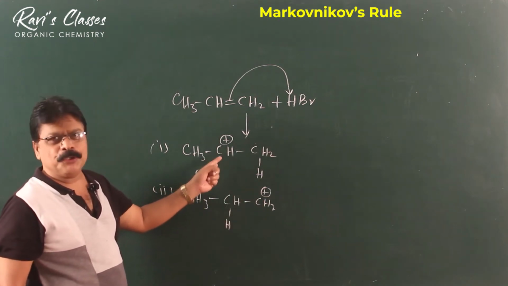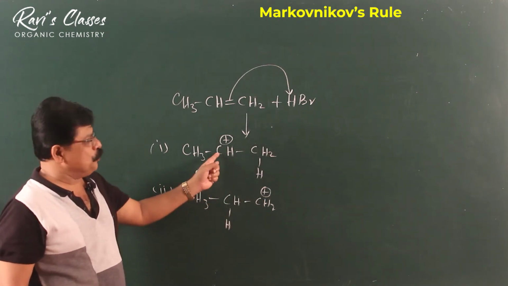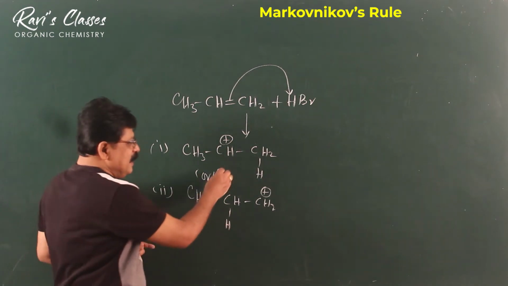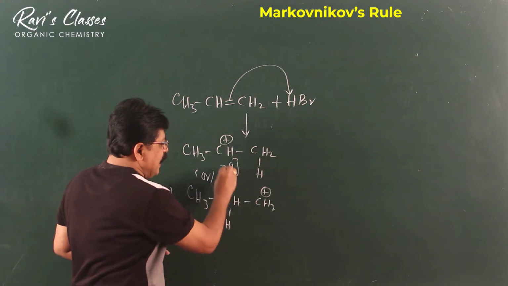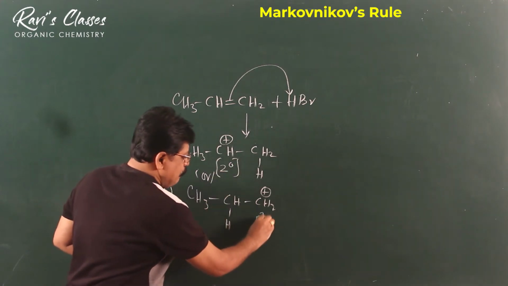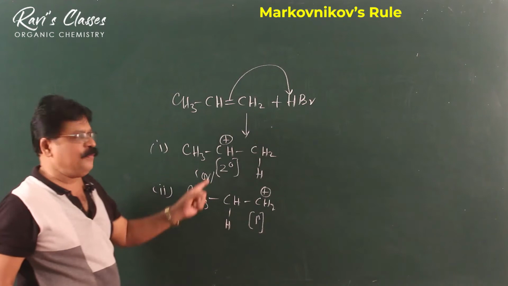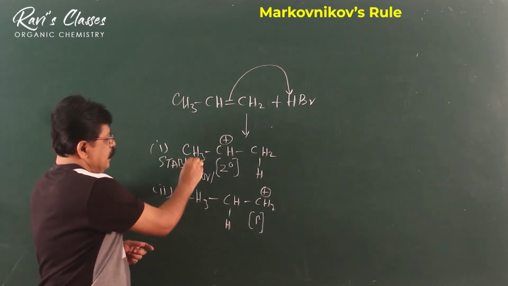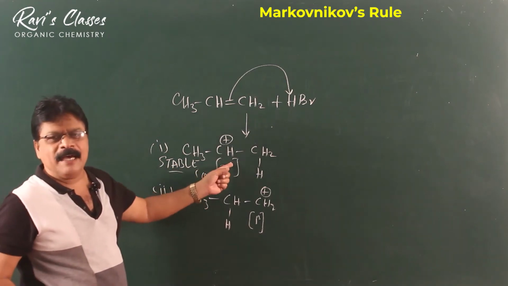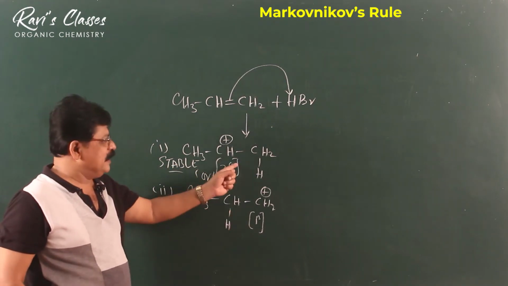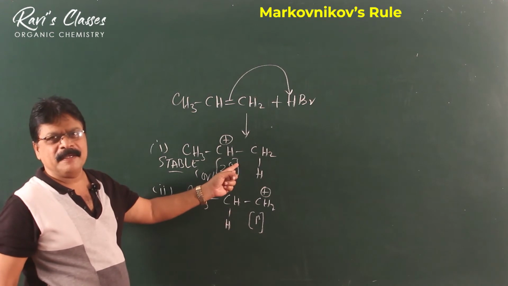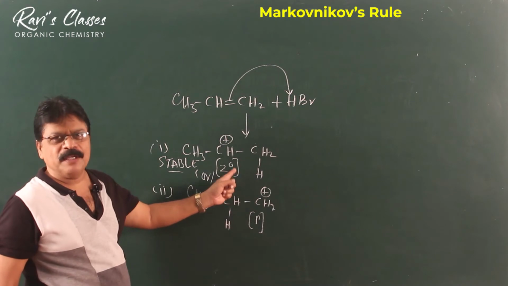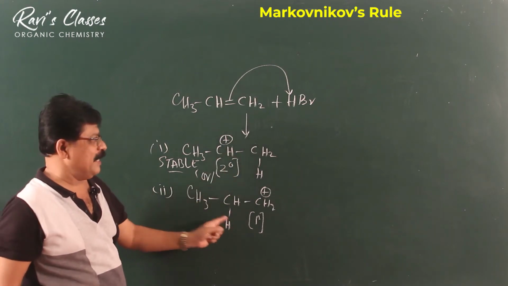So, you have two choices now, two carbocations, and as we have studied earlier, one is a secondary carbocation and the other is a primary carbocation. We know that a secondary carbocation is more stable. So, which of these intermediates will be formed? This will be formed to a larger extent. This is the driving force behind Markovnikov's rule: the formation of the more stable carbocation.